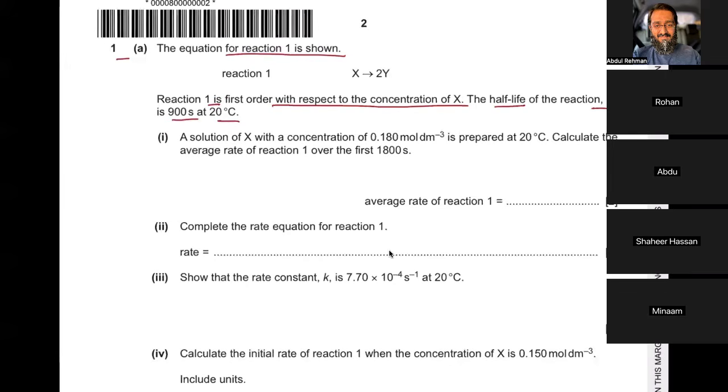A solution of X with a concentration of 0.12 mole per dm cube is prepared at 20 degrees Celsius. Calculate the average rate of reaction over the first 1800 seconds.